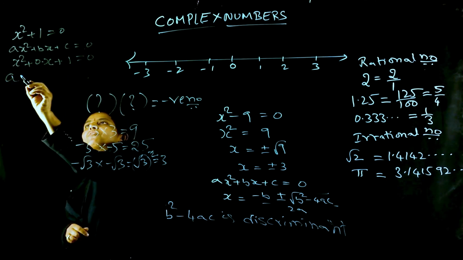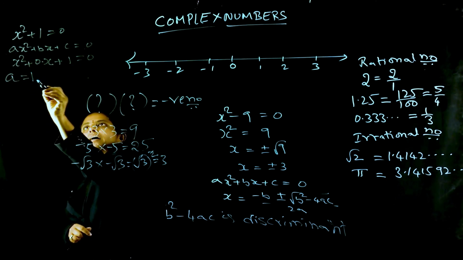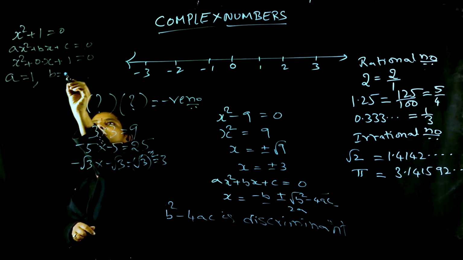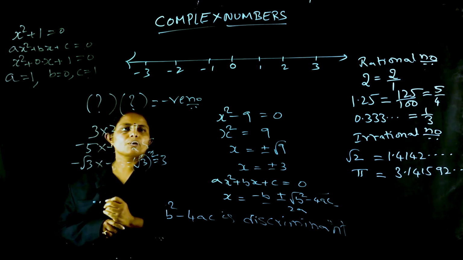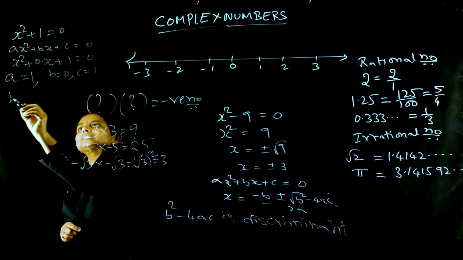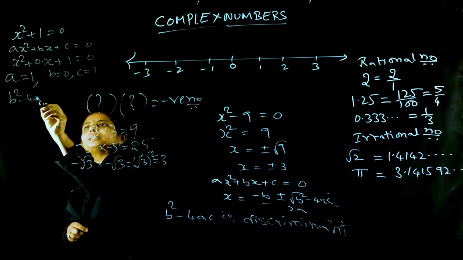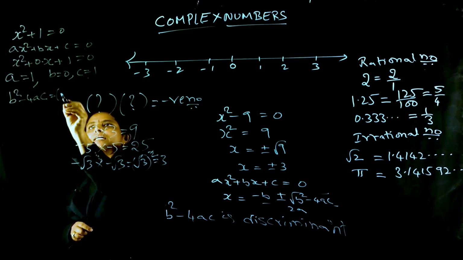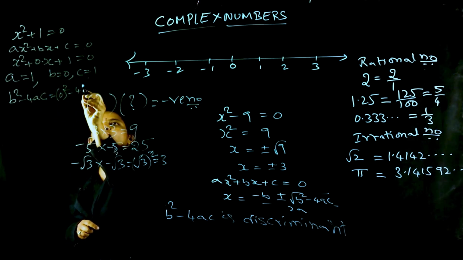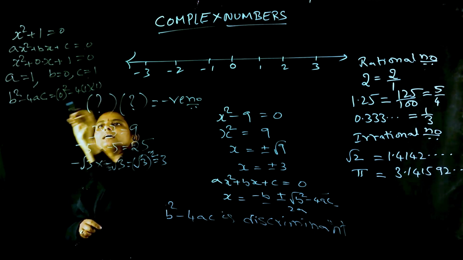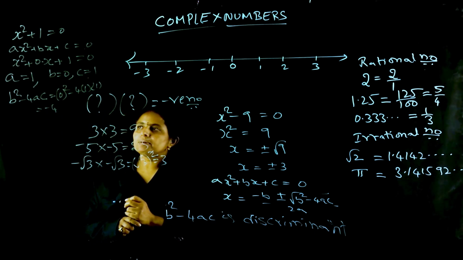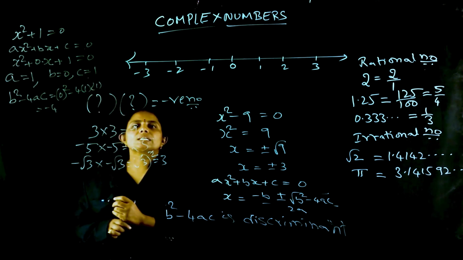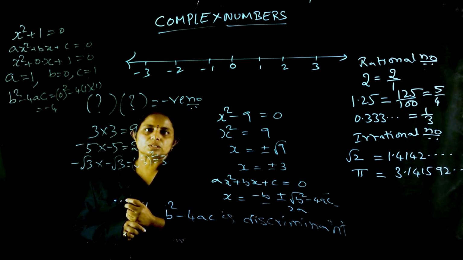So here the value of a, the coefficient of x square, is 1. The b value is 0, the coefficient of x is 0, and the c value is 1. Let us calculate its discriminant. b square minus 4ac, that is 0 square minus 4 into 1 into 1, which is equal to negative 4. As the discriminant value is negative, we say that this particular equation does not have real roots.